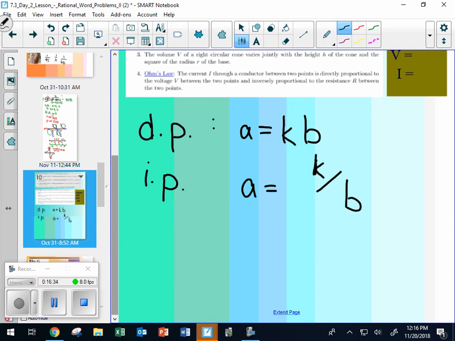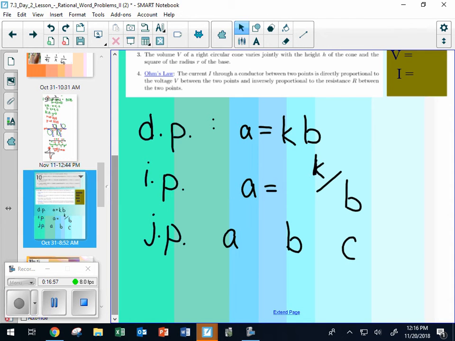And the final case we would talk about is if some variables were jointly proportional. If you have jointly proportional, that means that you have at least 3 variables. So you would have A, B, and C. And if they're jointly proportional, all that means is that A is equal to B in some form.